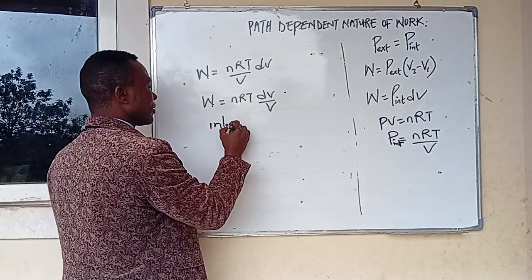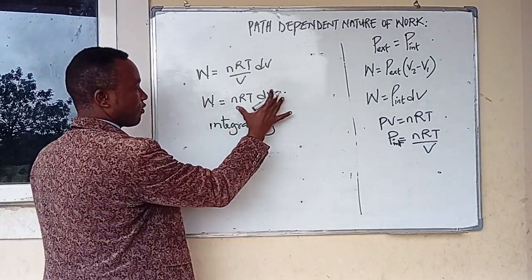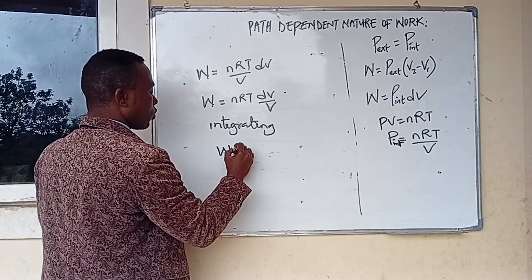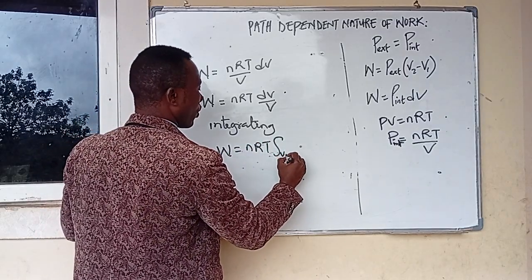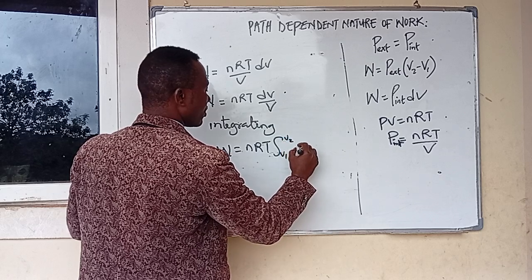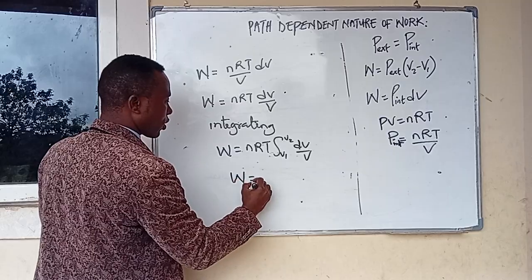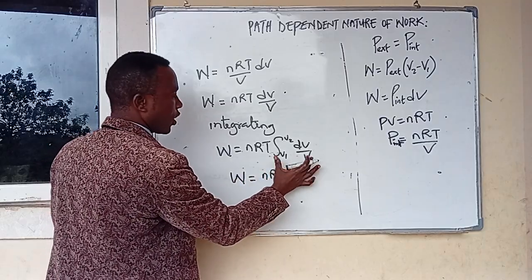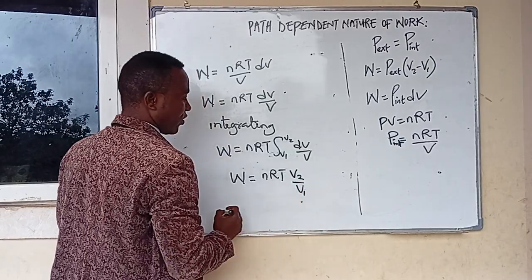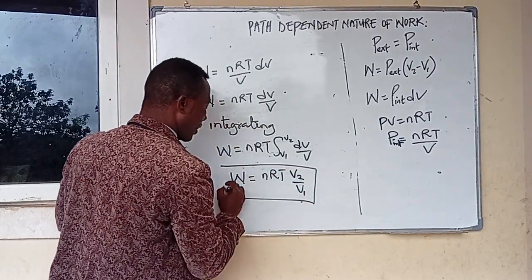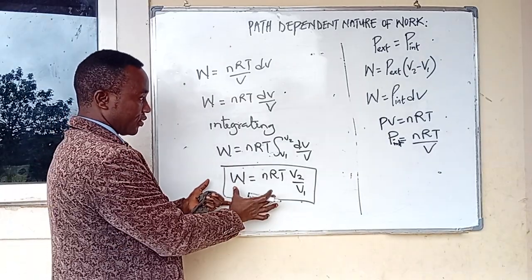Now if we integrate this function, our work will become nRT times the integral from V1 to V2 of dV over V. When you integrate this, you will have V2 divided by V1. So the work done when the gas expands isothermally and reversibly is this.